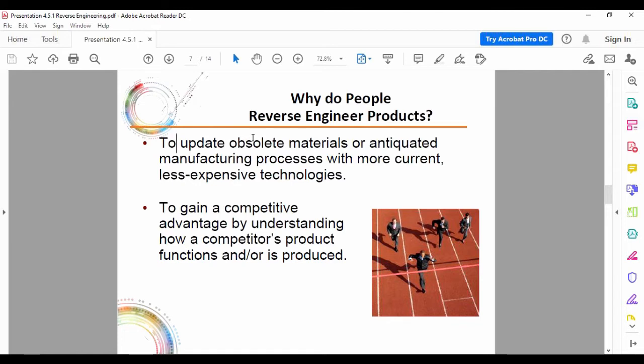For those of you in my class, you probably have always seen the moving conveyor belt in the grocery stores. But again, when I was younger, it was just a metal sheet, and you would have to kind of push your groceries along. So that was another kind of update of an old product to make it better.